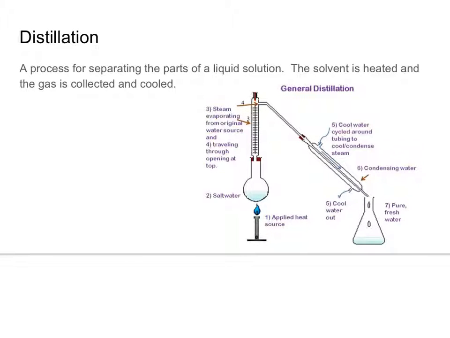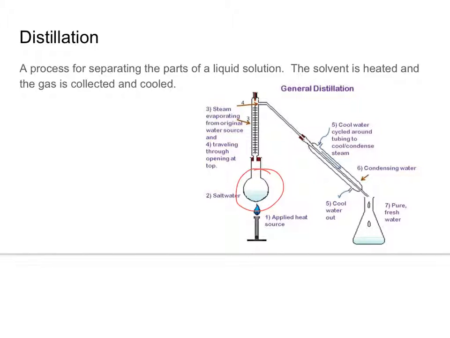Distillation is similar to filtration. Again, its purpose is to split up or get rid of something that's in a liquid. What we do is we start usually with our solution. So here we have our salt water, and what happens is we heat it up.